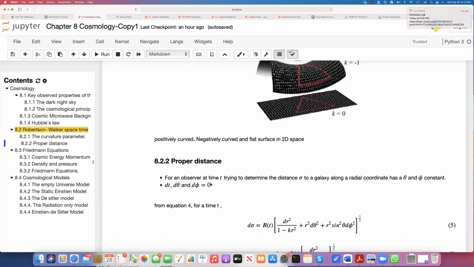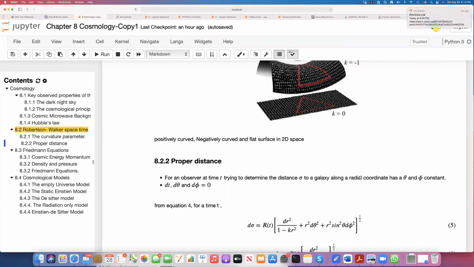And if you take a time t for an observer, and he is trying to determine the distance sigma to a galaxy along radial coordinates, that means your angular coordinates, both theta and phi, should be constant.